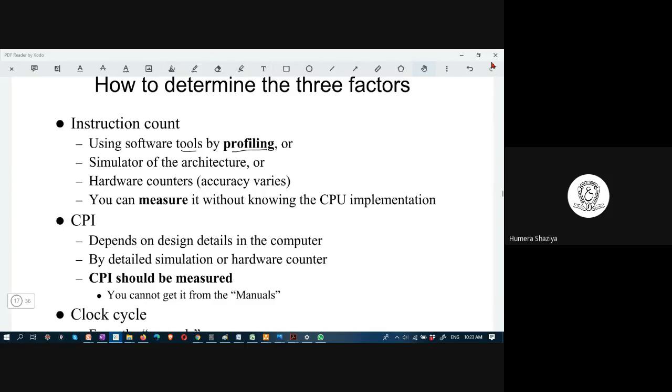This instruction count could also be determined from a simulator of the architecture. A simulator means one that is not an actual machine, but behaves like an actual machine through modeling.